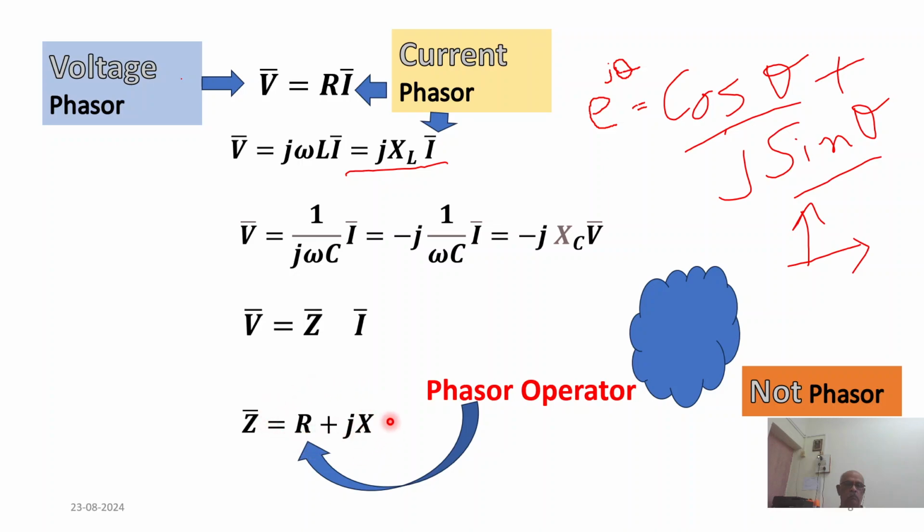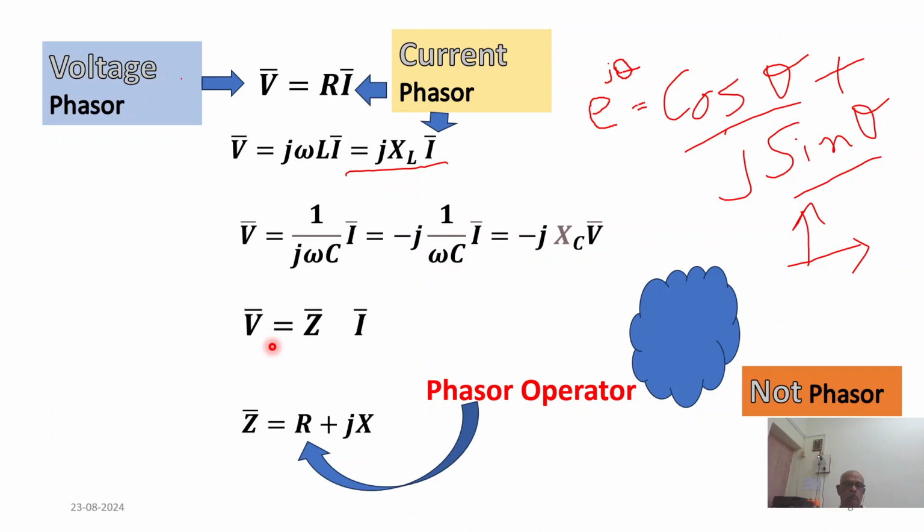And this quantity itself becomes a complex number. See here, it was precisely by 90 degrees that it was shifting. So we define the reactances which are purely like XL is omega L, XC is 1 upon omega C. Whereas when you go for a real circuit, it has got all of them together, and that's why this becomes a complex number.